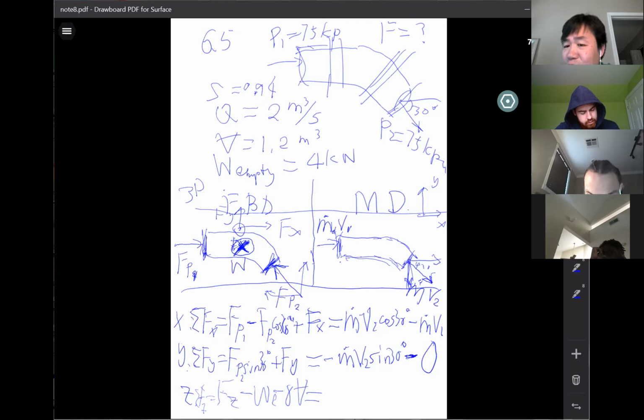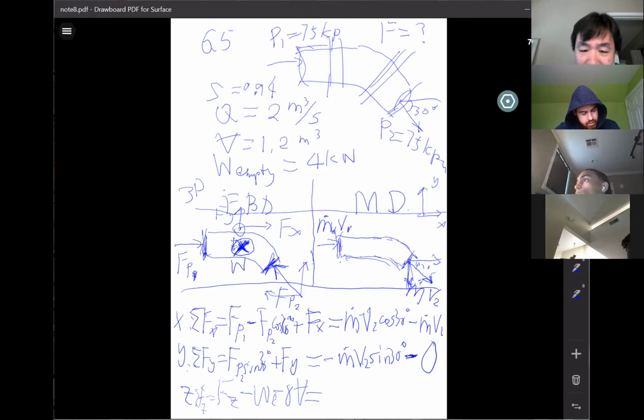I will provide all the charts, diagrams, tables, and properties, but I will not provide the equations. You have to memorize all the equations needed for this class. Gamma fluid times volume of the fluid is the weight of the fluid. It's rho g V basically. Rho V is mass, and mass times g, mg, is weight.